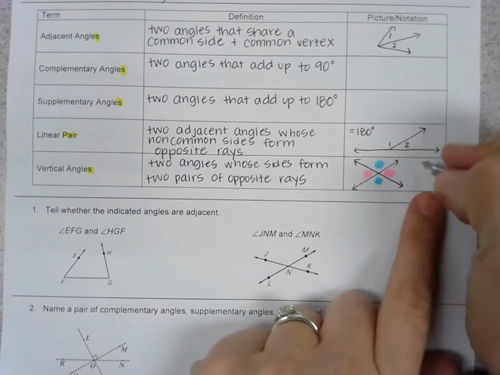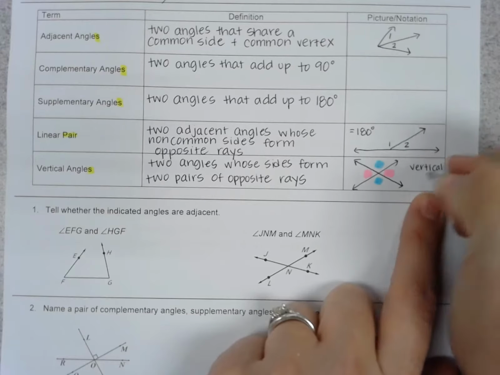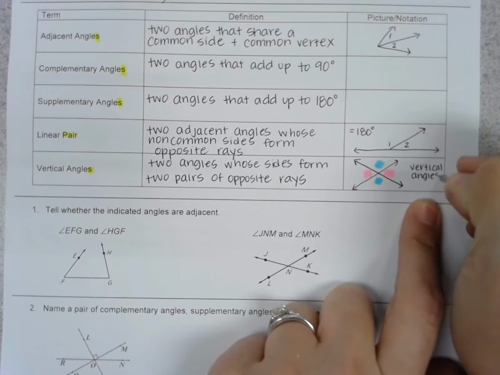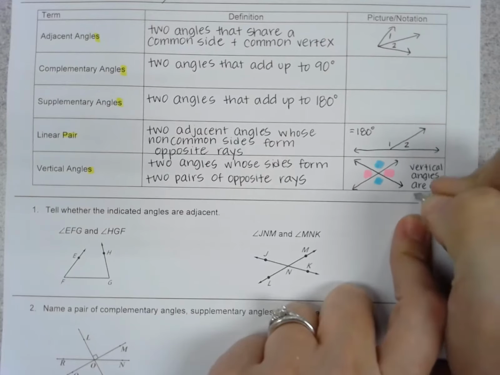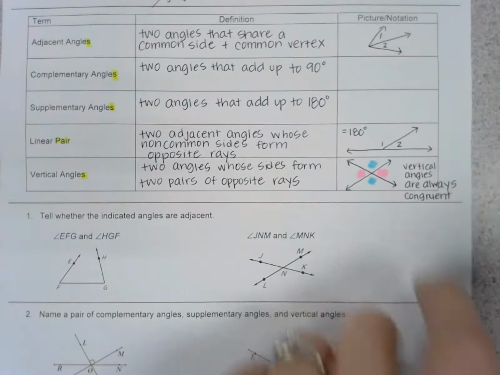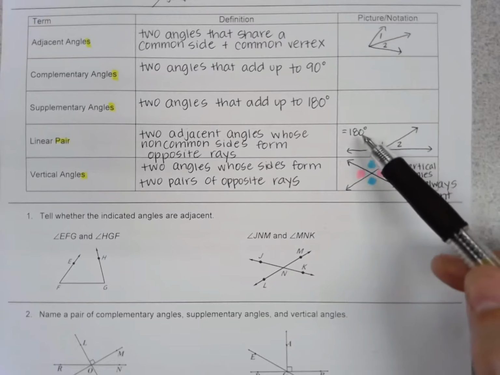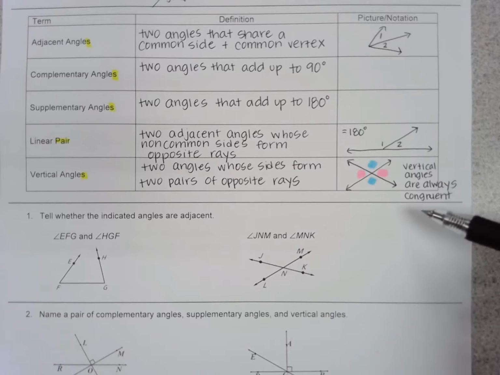Over here in this box, I want you to write down that vertical angles are always congruent. So the difference is that if you're talking about a linear pair, you would add them up to equal 180. But if you were solving something with vertical angles, you would set them equal to each other because they're equal to each other. They're congruent.